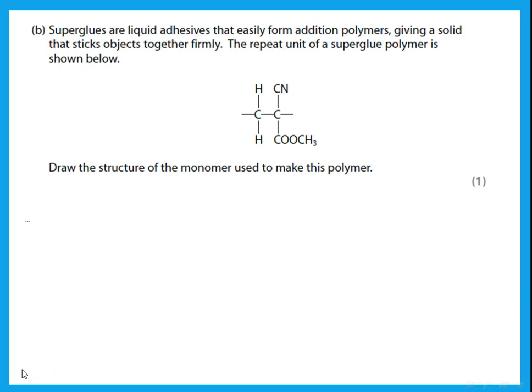If this is the polymer, then to make the monomer, you remove the bonds on either ends and you put a double bond in the middle. That's how you make the monomer from the polymer. You're going back to the one that has the double bond in it. Okay, just remove the bonds on either end and put a double bond in the middle.